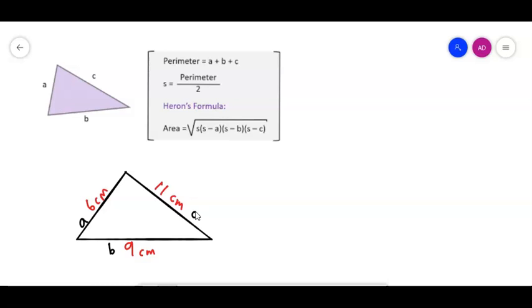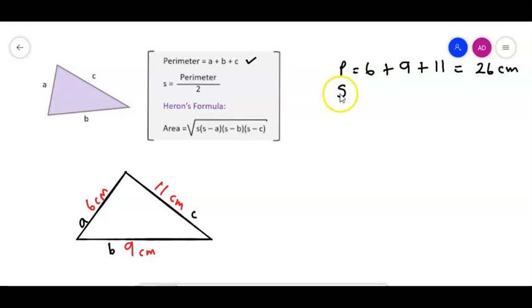So remember it's a two-step process. The first thing we need to do is find the perimeter so we can work out the semi-perimeter. So we need to add A, B and C together. So the perimeter will be 6 add 9 add 11, which is 26 centimetres.